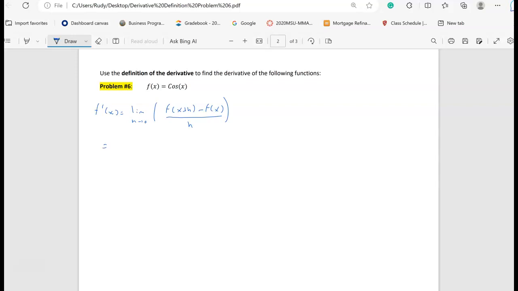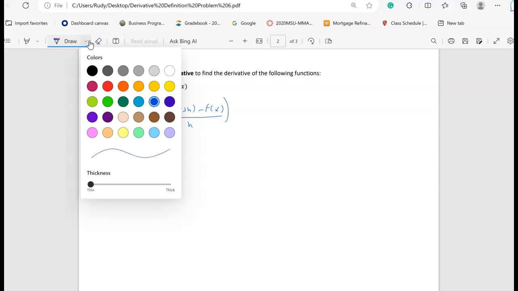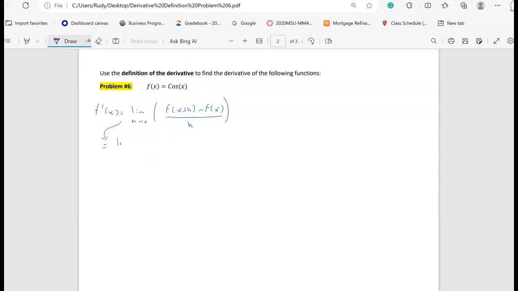And this is going to be equivalent to the limit as h approaches 0 of the values of cosine of x plus h minus the value of cosine of x, over the value of h.